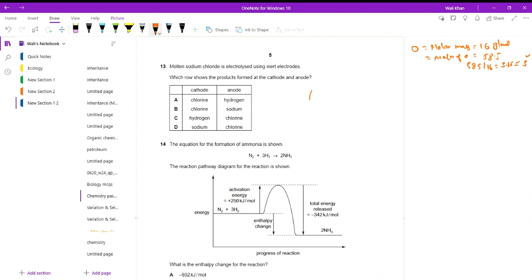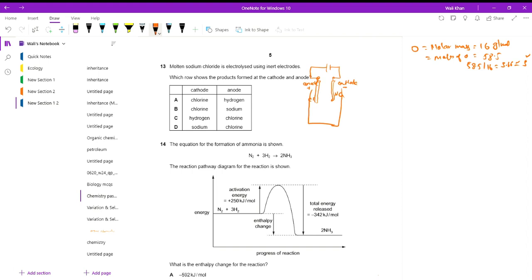If you remember the electrolysis of sodium chloride, sodium is at the cathode, and chlorine is at the anode. The anode has positive charge and the cathode has negative charge.